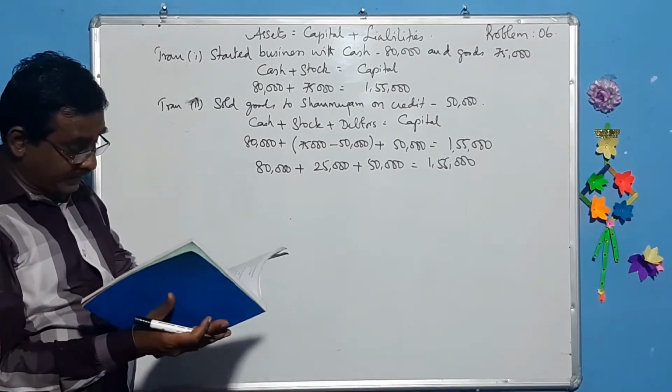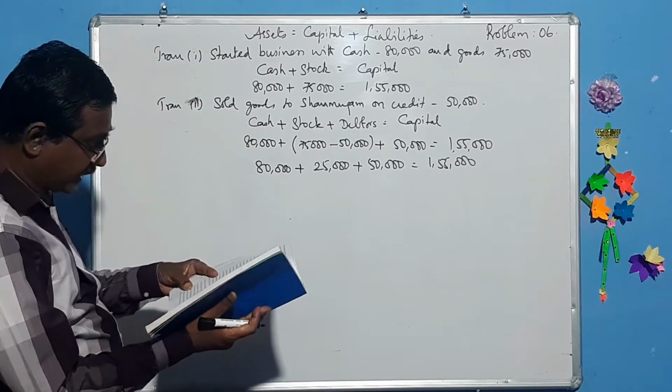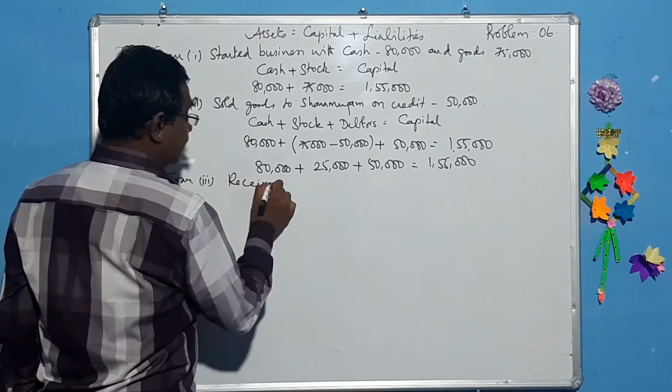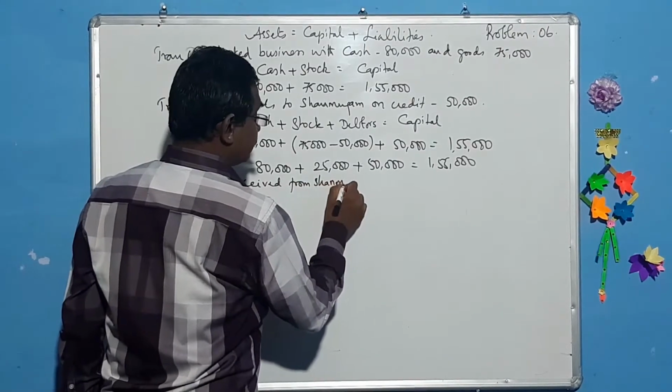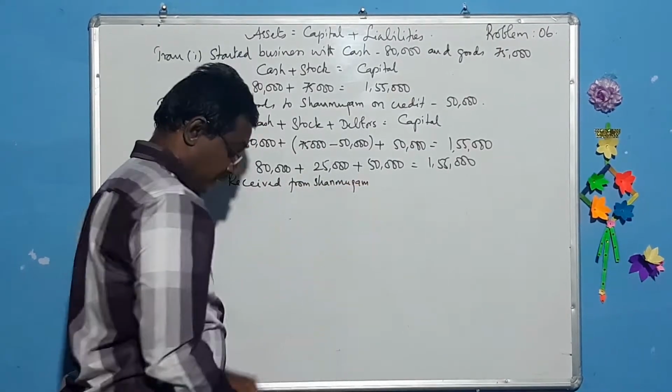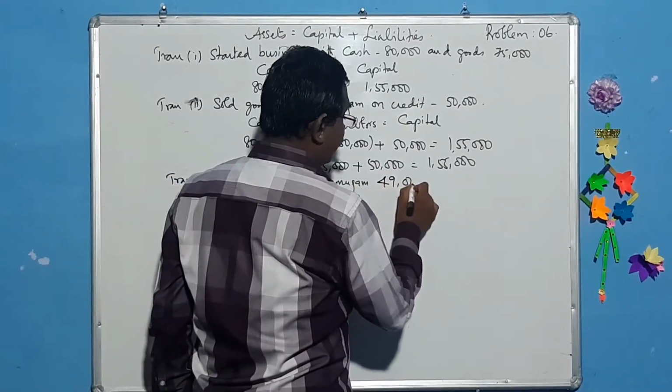Now, let us go to the next transaction. Received cash from Shanmugam in full settlement 49,000.